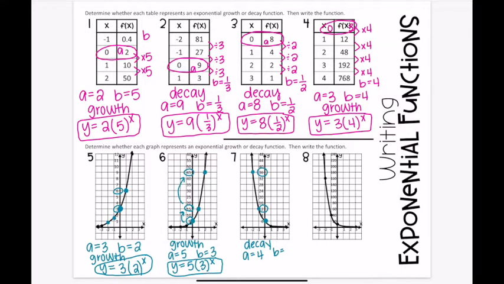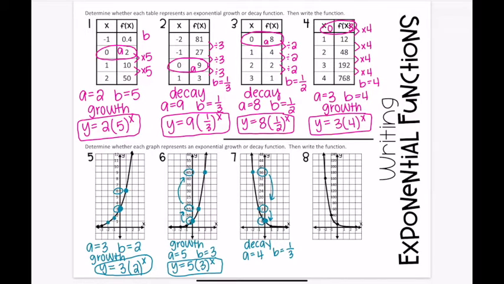Well, since this one is decreasing, now I have to think about, as I go from left to right, how am I going down, or what am I having to divide by to get from each y value to the next? So from 36 to 12 to 4, that's division by 3. So if I'm dividing by 3, that's actually multiplying by 1/3.